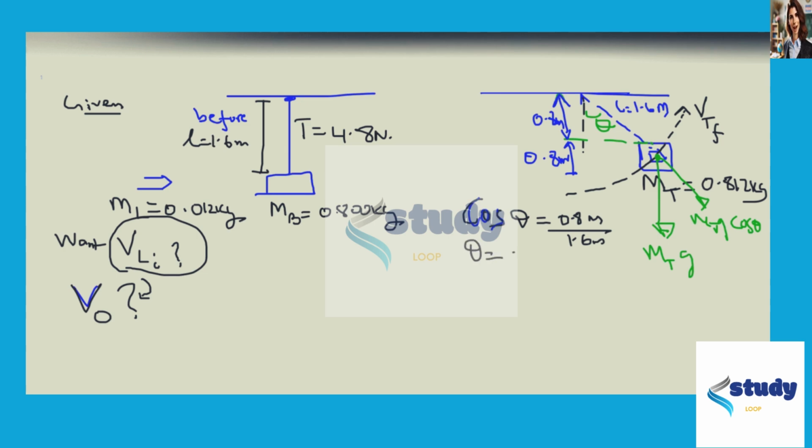And so theta is cosine inverse of 0.8 meters over 1.6 meters. And that gives us cosine inverse of 1/2. And so theta is 60 degrees. So that's part of the information that we're given.